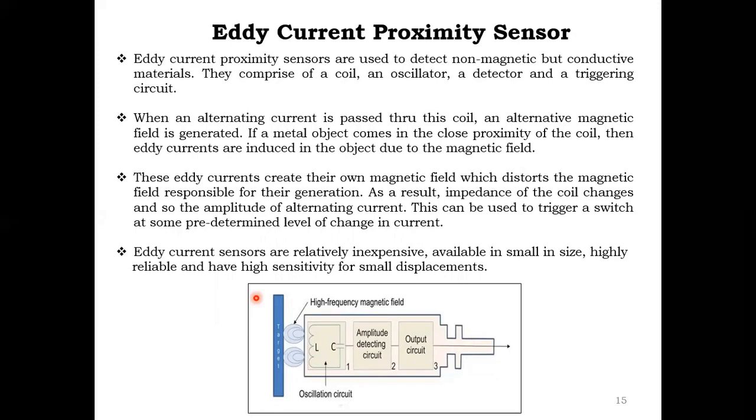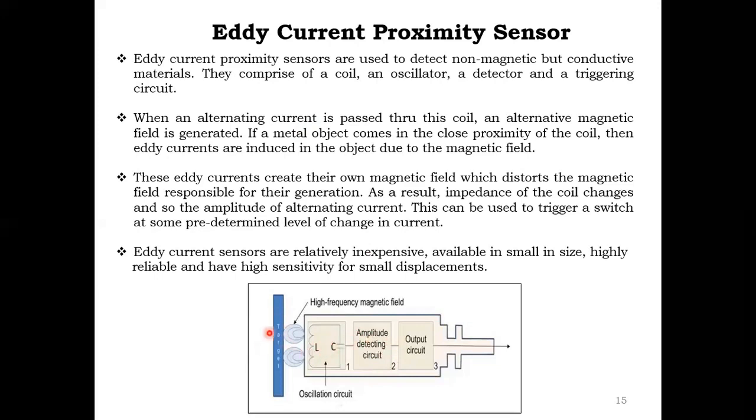Eddy current sensors are relatively inexpensive, available in small size, highly reliable, and have high sensitivity for small displacements. This is a setup for an eddy current proximity sensor. This is the target material. This LC circuit produces the high frequency oscillating magnetic field, so using this, the material will be induced.